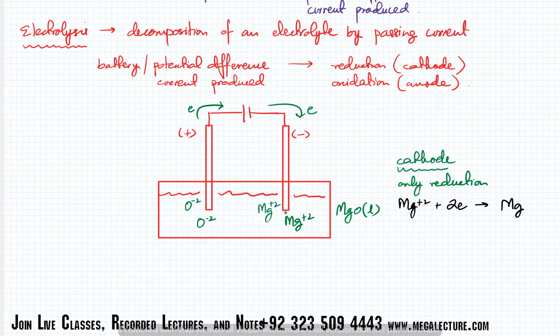It can only gain electrons, and that's it. There is no other option. And you've got the other side, which is your anode side. What will happen at the anode?